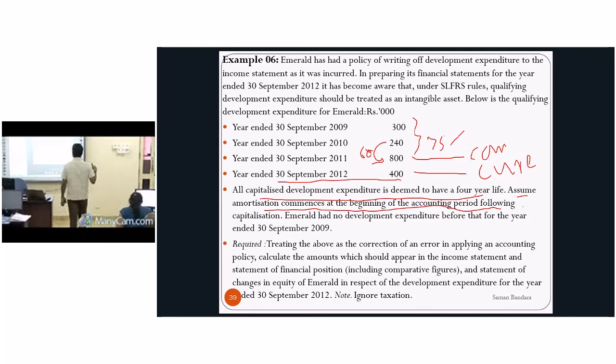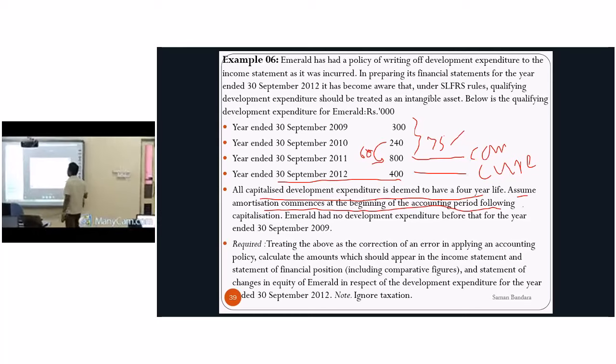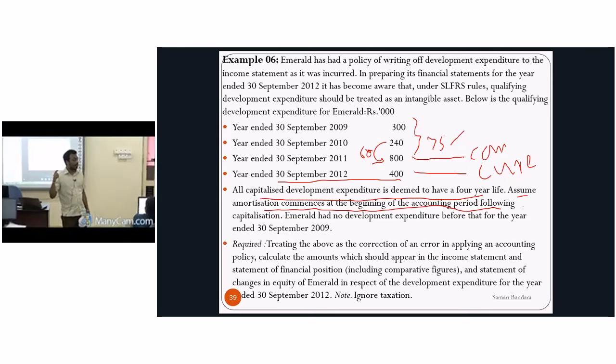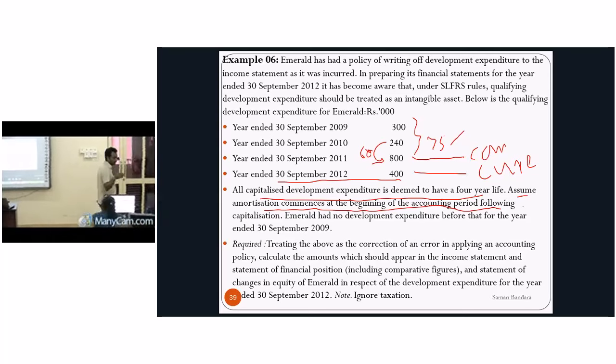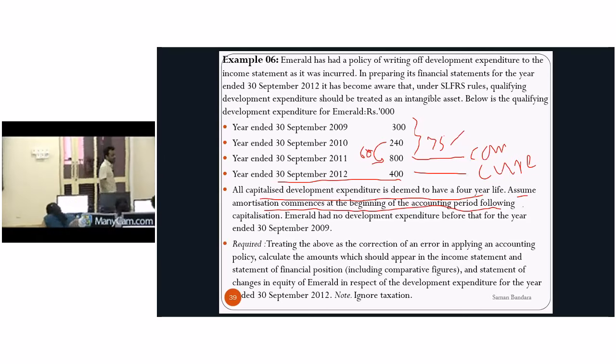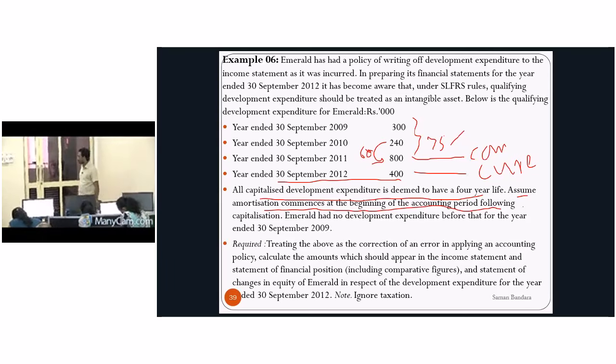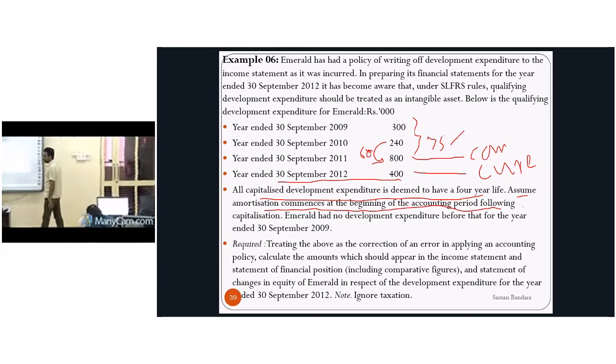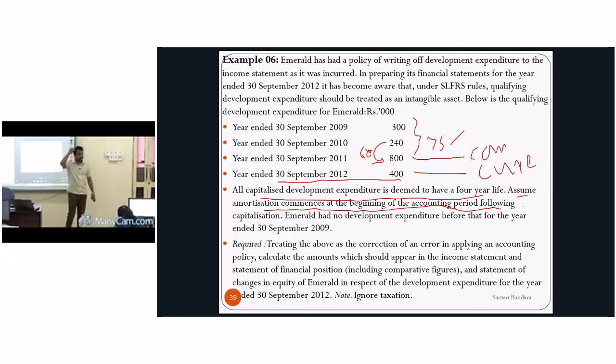Retained earnings credit 465 and we have to credit 75. Provision for amortization, or you can say intangible asset account credit, both are correct. Understand? Same thing we did previously, if you can remember, for 14, 20 minus 6, the previous story. Same thing.